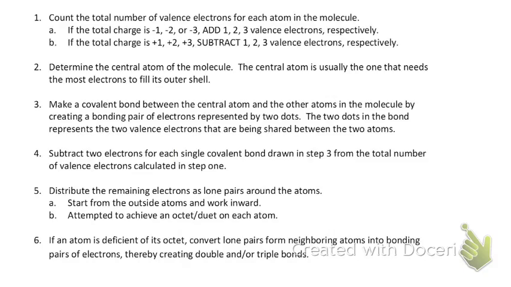And then B, you're going to attempt to make sure that an octet or duet, now duet is just those elements that need 2 electrons only to fill their valence shell, versus the octet on each of the atoms. Now, if you find that an atom is deficient, this goes to rule number 6, it doesn't have enough electrons, then you might need to convert a lone pair of electrons from a neighboring atom into forming another bonding pair to create a triple or a double bond.